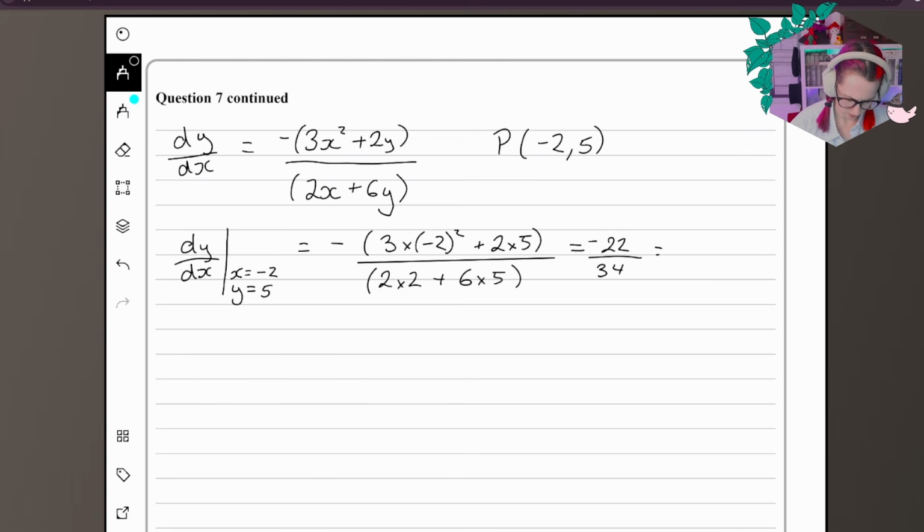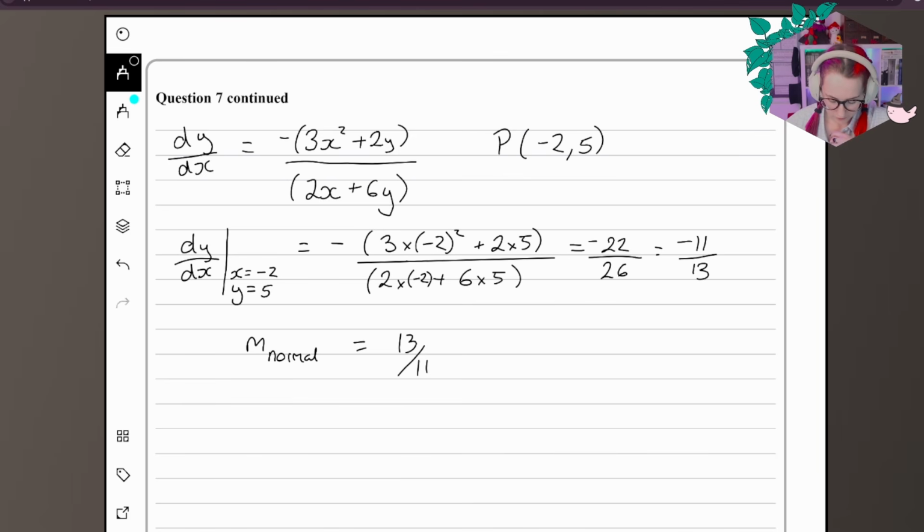That feels like it divides. Oh, minus 2. So that is minus 11 over 13. The gradient of the curve at this point is minus 11 over 13. So m of the normal is 13 over 11.